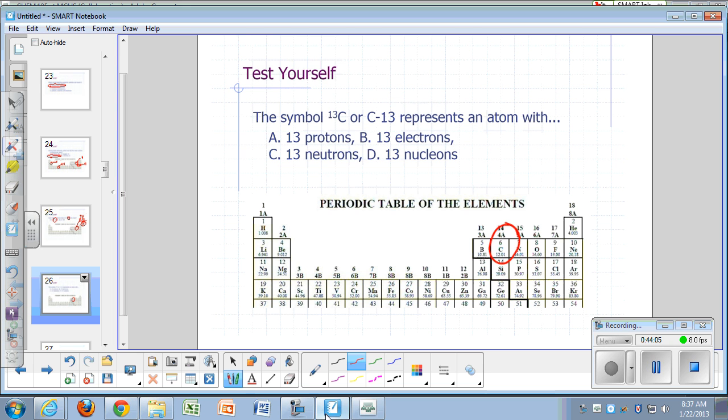Ten said D. Very good. Carbon-13 has 13 nucleons. That means of that, 6 are protons and 7 are neutrons for a total of 13 nucleons. Very good.